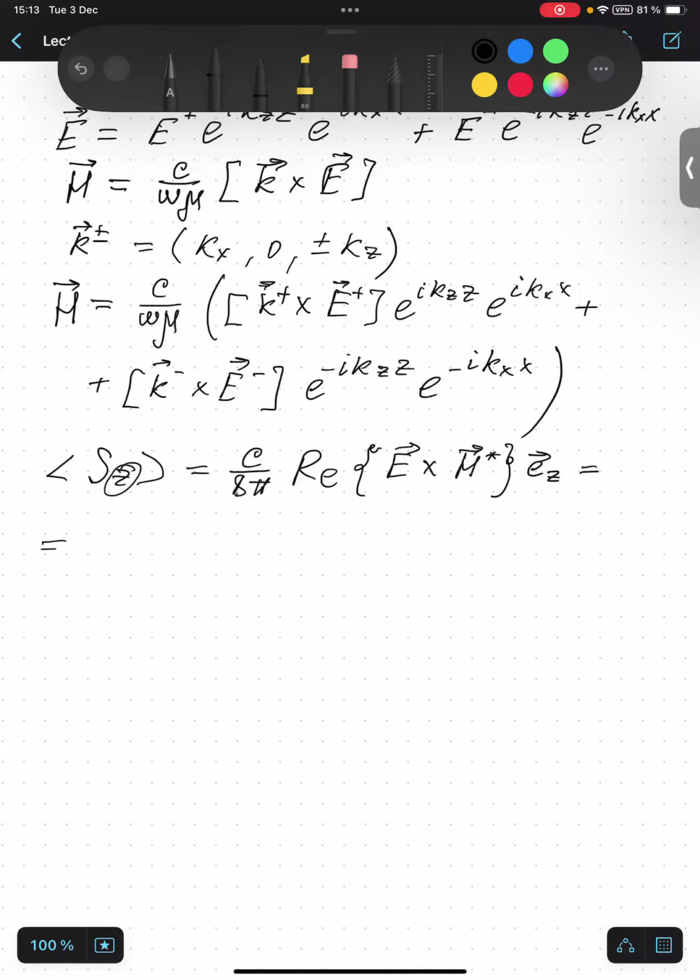Also, let's introduce and rewrite these exponents, e^(i kz z) e^(i kx x), as e^(i k plus r).